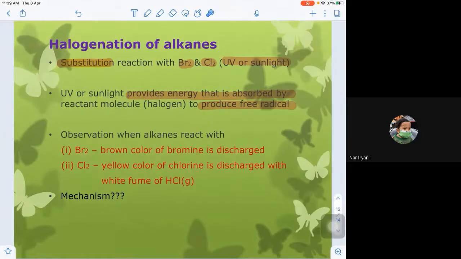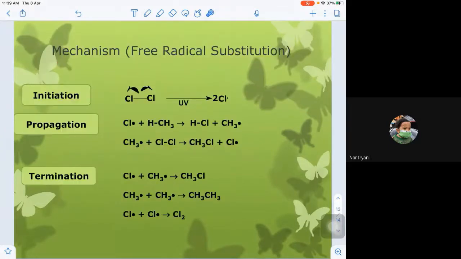Okay. Now we move to the mechanism of the reaction. The general chemical equation for this reaction is CH4 reacted with Cl2, UV, and it turns to CH3Cl plus HCl.